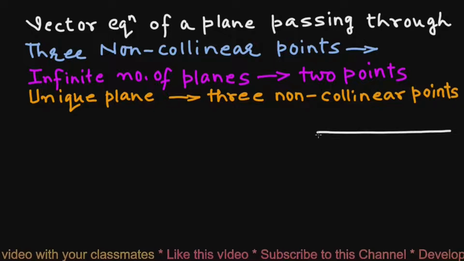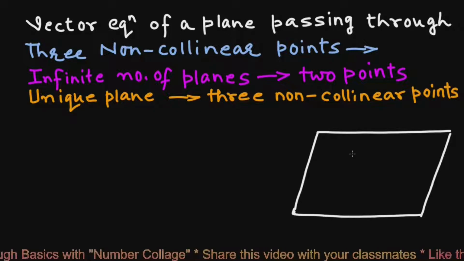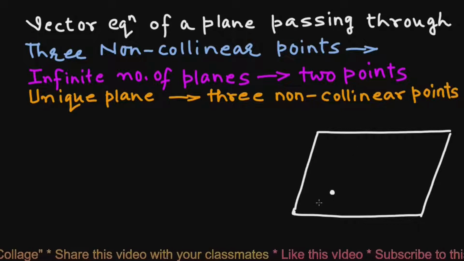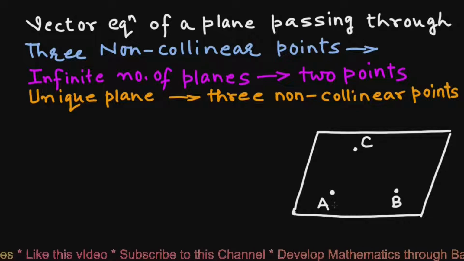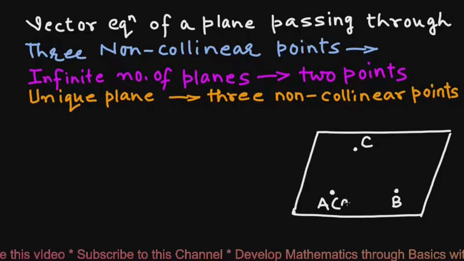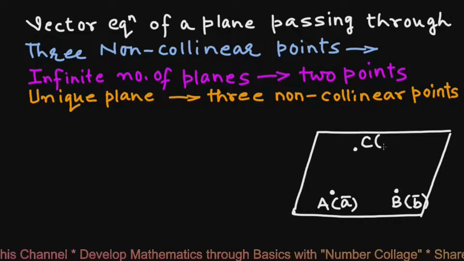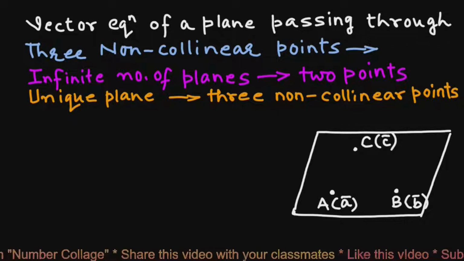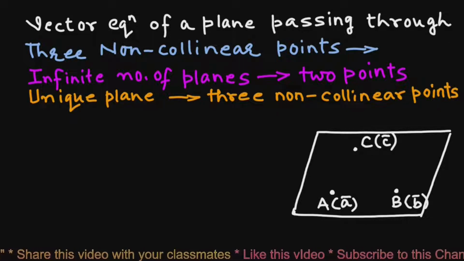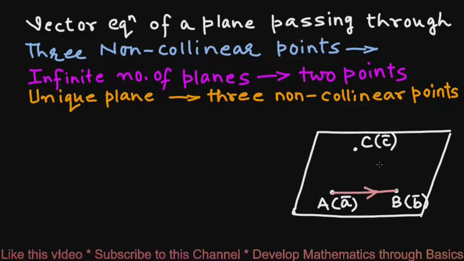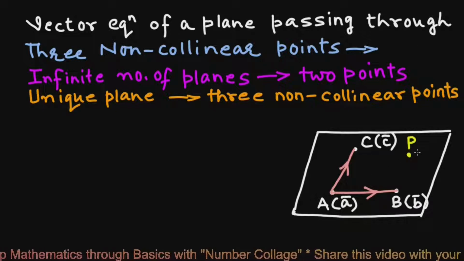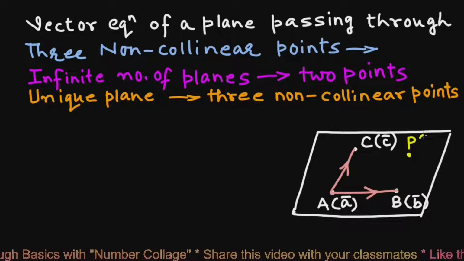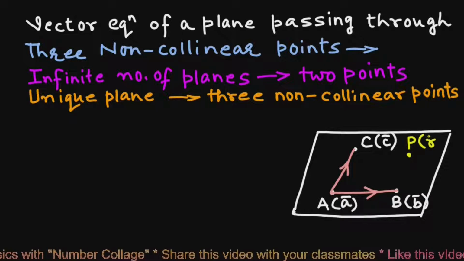So we will consider a plane passing through three non-collinear points A, B and C, whose position vectors are A bar, B bar and C bar respectively, and the vectors joining them will be AB bar and AC bar.